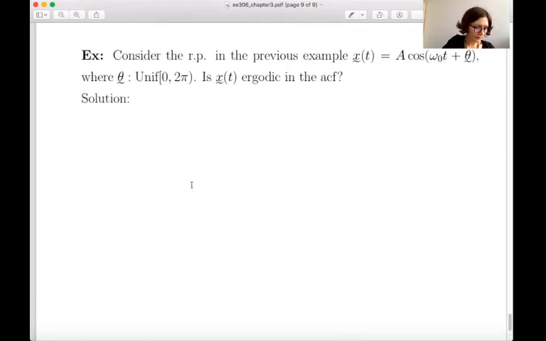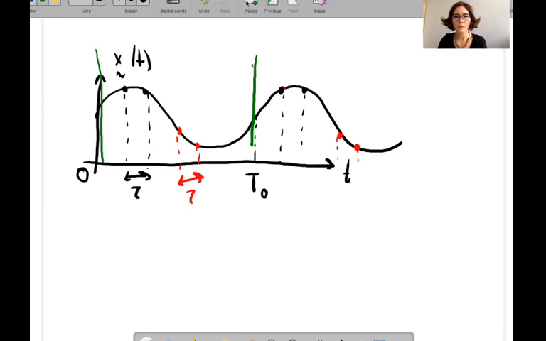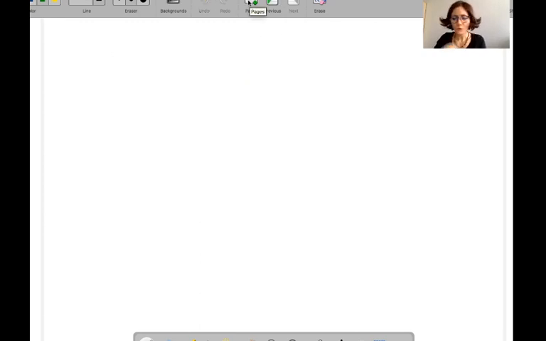I'm on page 9. Again, it was a homework exercise to show that this was wide-sense stationary. So I'll just write the expressions for the autocorrelation function. Here you can verify; it's quite an easy exercise to do.